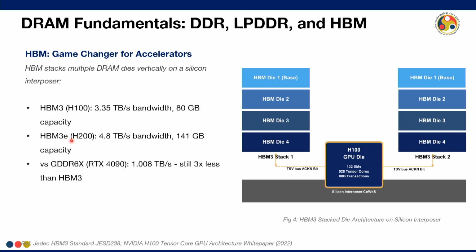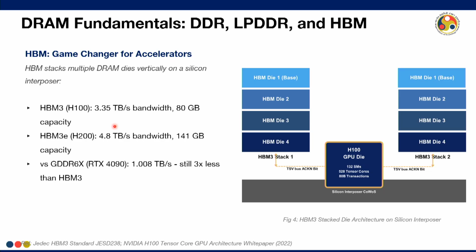Similarly, the H200, the more modern NVIDIA GPU with HBM3E, brings around 4800 GB per second of bandwidth, and so on. So you have different technologies, and based on that you get this bandwidth.